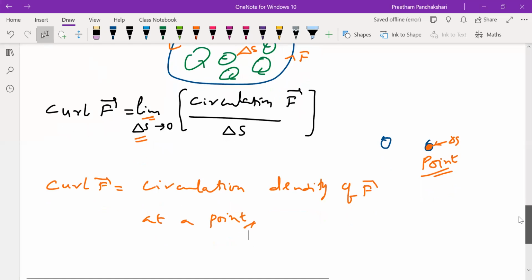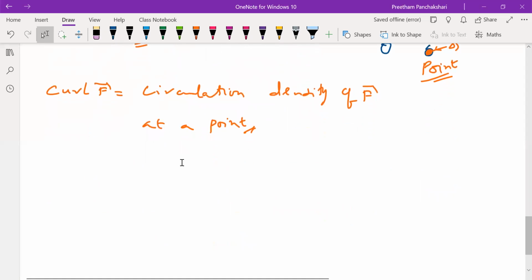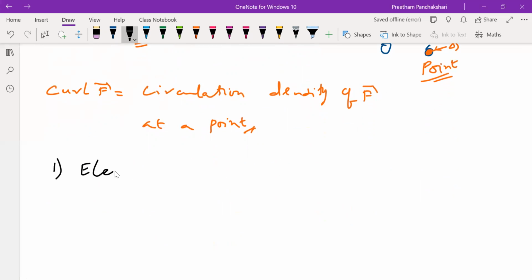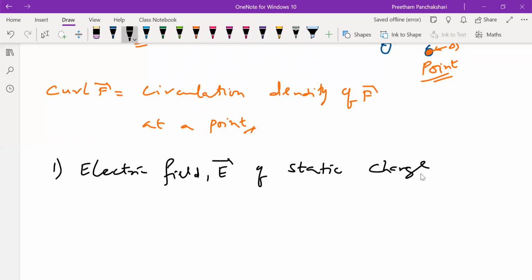Let me give you some physical examples in which this concept of curl is used. For example, first one, if you consider electric field E, which is a vector produced by a static charge distribution. We know that electric charges produce electric field.